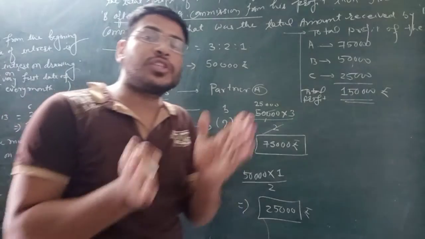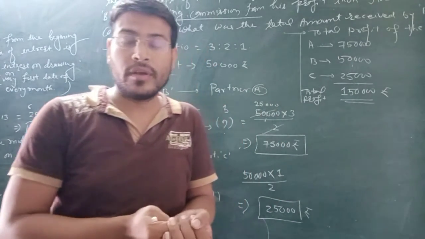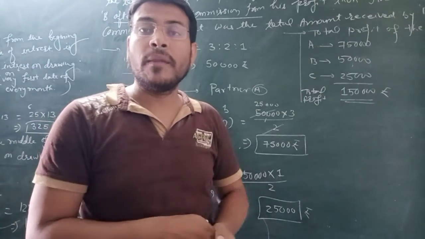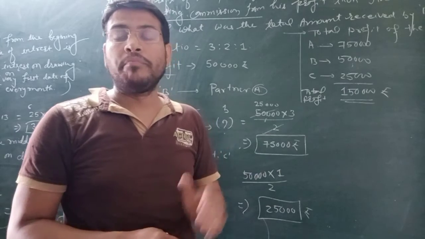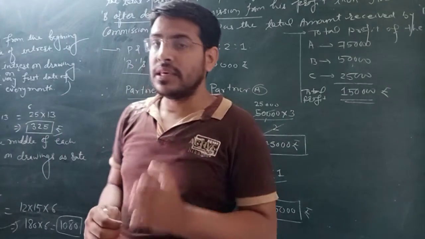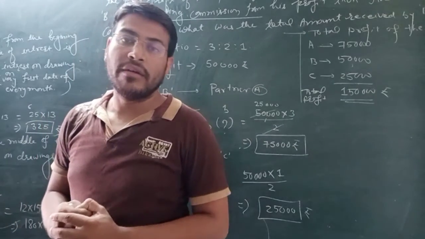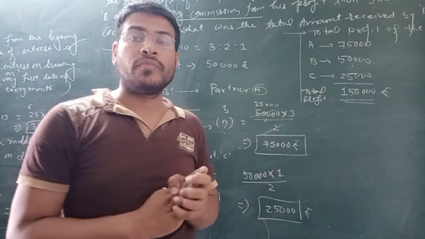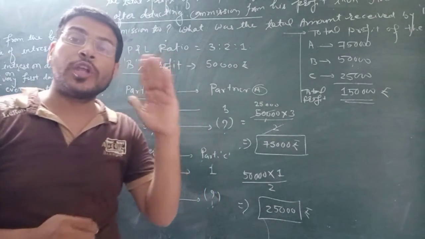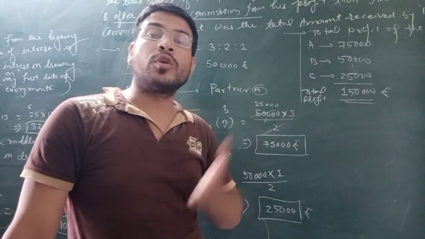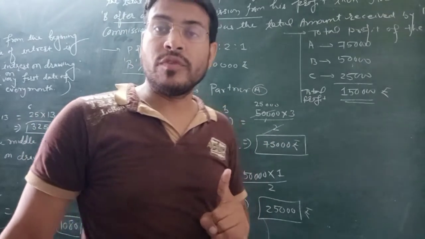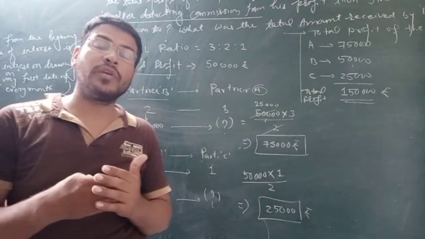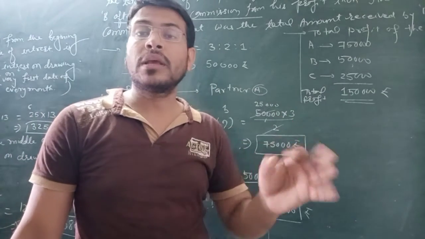After deducting his commission from the profit, it has already been taken out. But I made you write a scheme at the beginning of the rules, when we were writing the rules and regulations of the partnership firm: if the total profit is not given, and instead one partner's profit is given, then on that partner's profit we have to calculate the total profit of the firm, and after that the simple calculation of the commission for any partner is to be done.